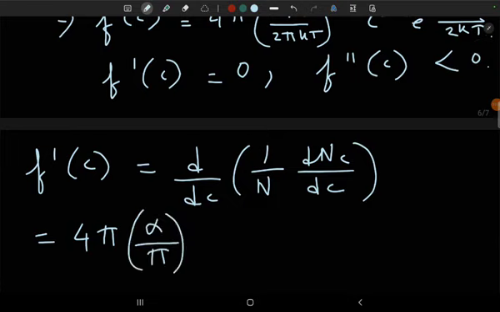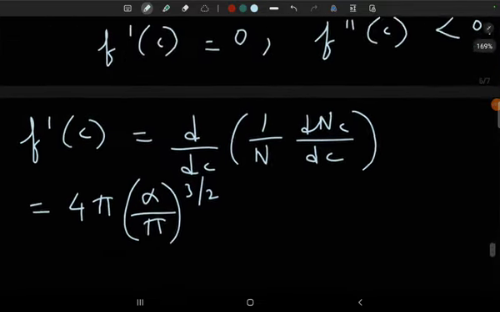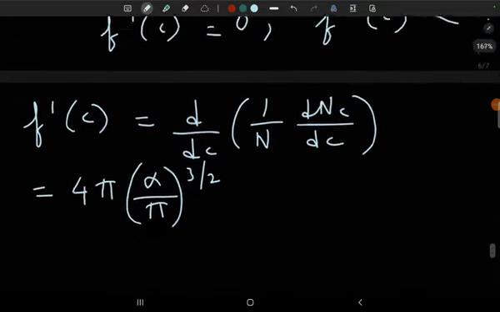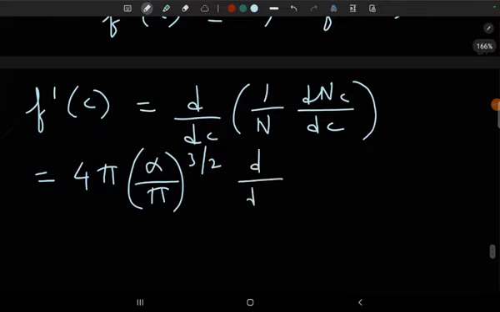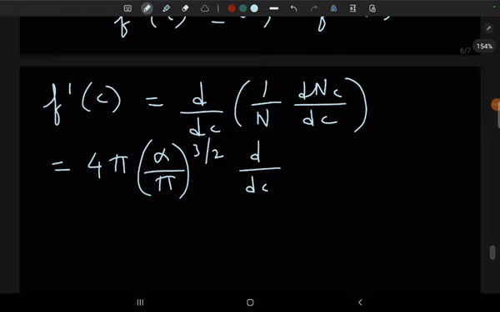We will write alpha by pi whole to the power 3 by 2, and the differentiation would be d by dc on c squared e to the power minus alpha c squared.